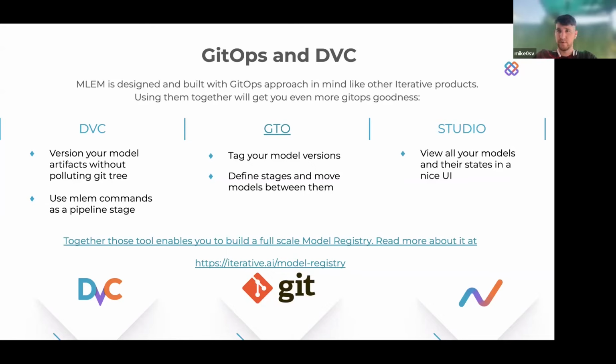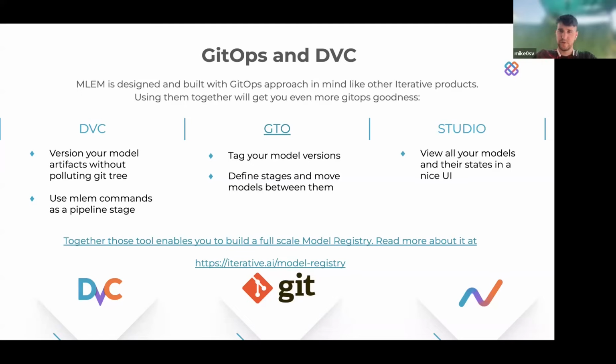Also, we have this new tool called GTO, which allows you to tag your model versions, like tag different commits of your artifacts, and then promote them to production or to staging, like in a model registry. And also we've got Studio, which is a UI for all of those tools. It looks very nice, and it will support MLEM soon.